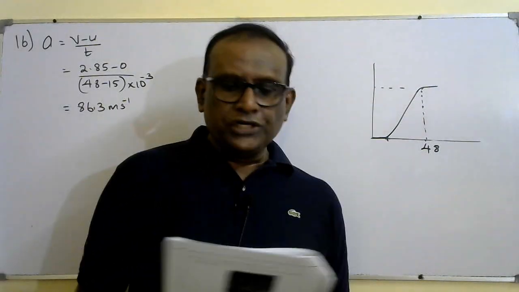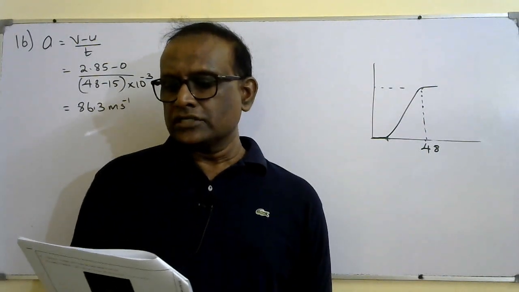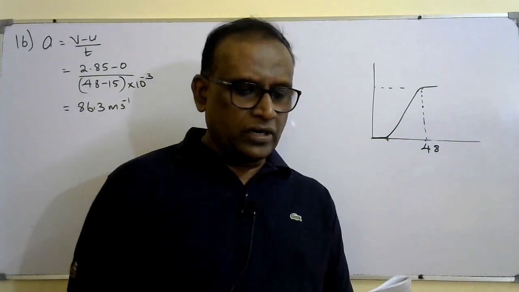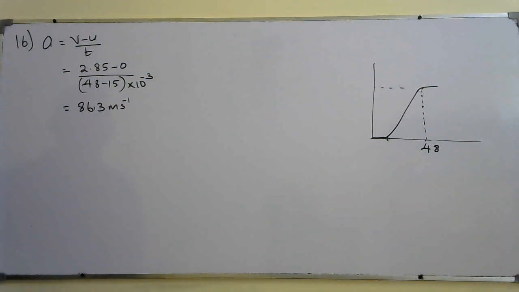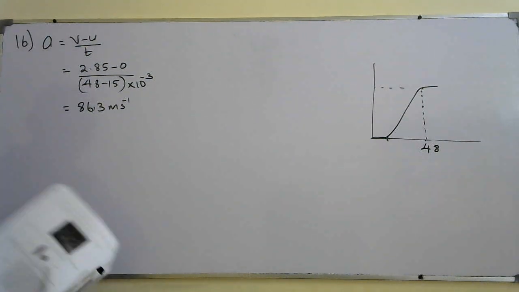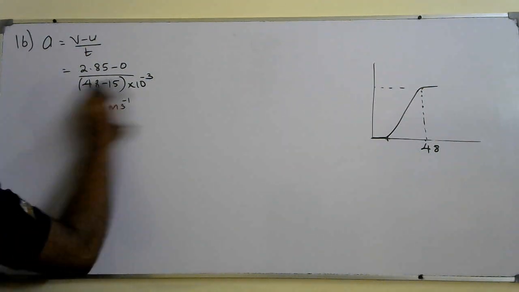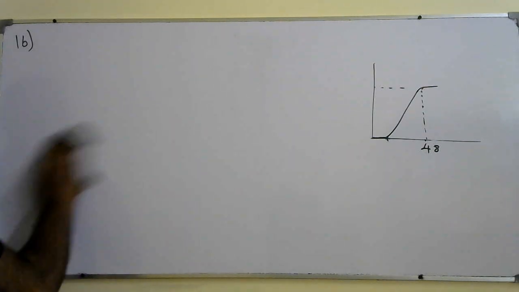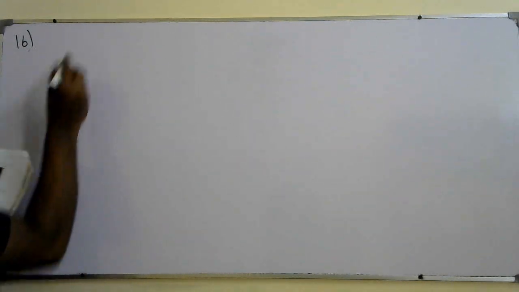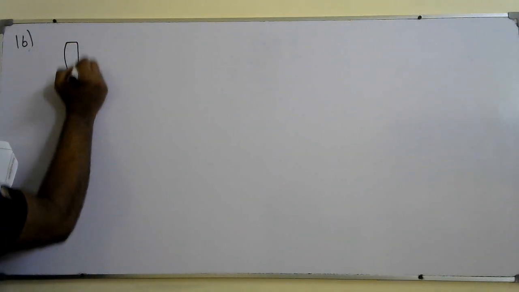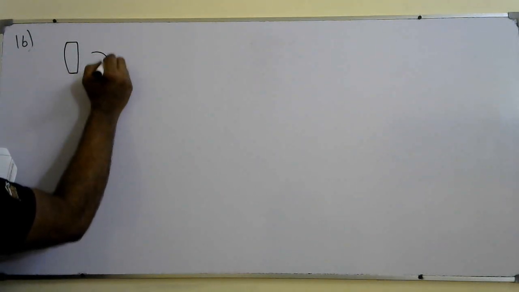Explain how Newton's second and third laws of motion apply to the ball and the skittle during the collision. This is what I wrote for the A part. Now the B part I need to answer. The ball is moving, this is the skittle, this is the ball.